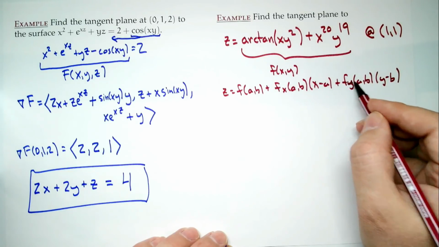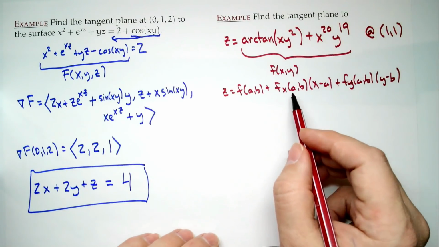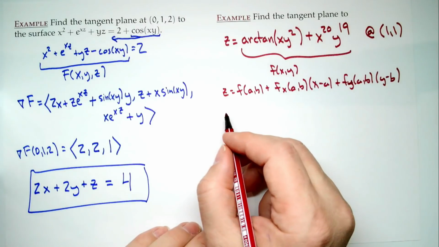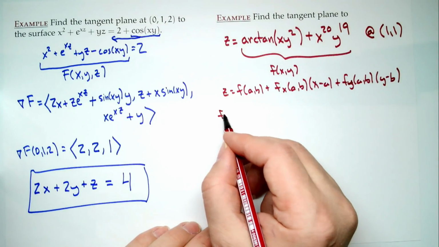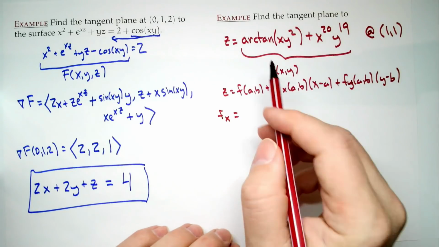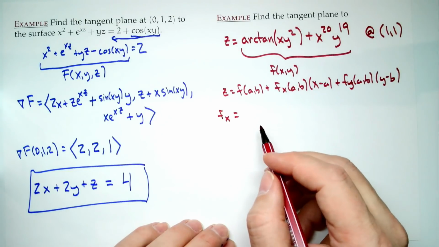Now at the end, we'll essentially do the same amount of work that we do to take a gradient, because the gradient would be the partial derivatives. You can even take the gradient, just remember, it's just the partial derivatives. But for us, we'll work through what we get. F sub x. So f sub x, what is that? Well, the derivative of arctangent of x y squared with respect to x.